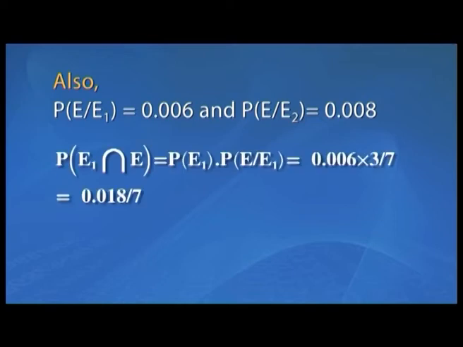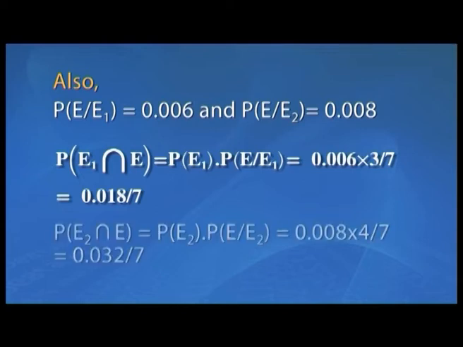Also, P of E1 intersection E is equal to P of E1 into P of E given E1 is equal to 0.006 into 3 by 7, which is equal to 0.018 by 7. P of E2 intersection E is equal to P of E2 into P of E given E2 is equal to 0.008 into 4 by 7, which is equal to 0.032 by 7.